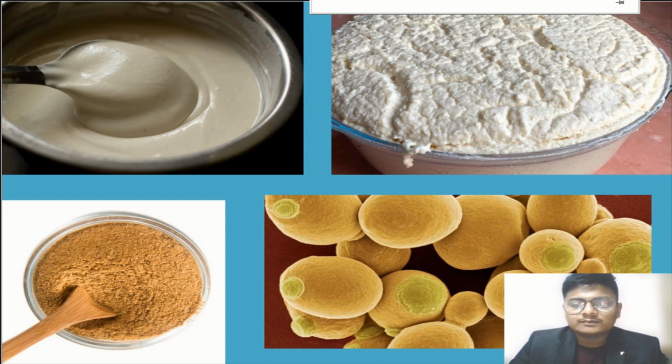In agriculture, blue-green algae are used to increase soil fertility by fixing nitrogen. Okay students, now you have to answer one question: where can we see the use of microorganisms? Write down this answer in the comment box. You have 10 seconds for this.